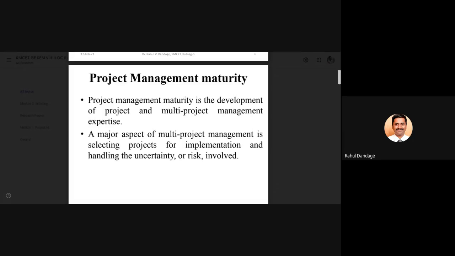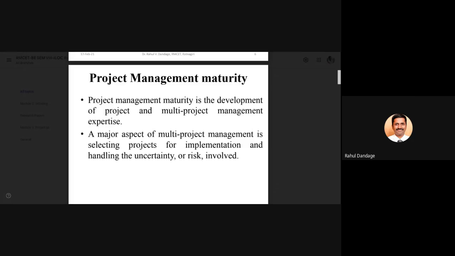So the most important part to achieve this project management maturity is that we should be expert in multi-project management. And the major concern there is selecting the projects for implementation and how to handle the uncertainty and risk involved.